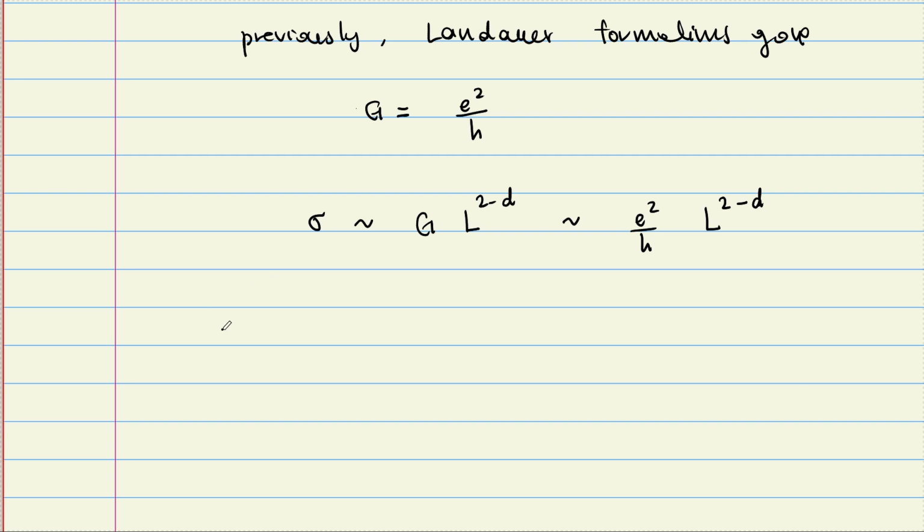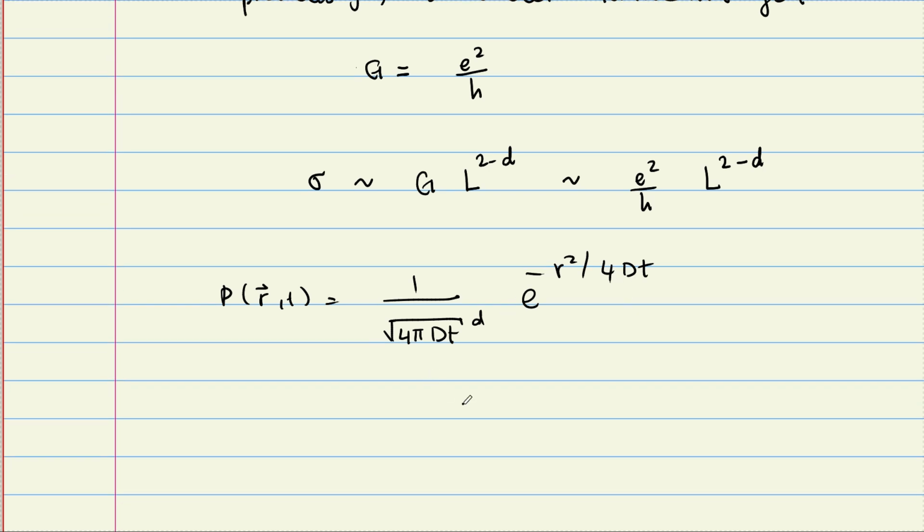And I also need to use diffusion, and diffusion is P of r comma t equal to 1 over 4 pi D t, with e to the minus r squared over 4Dt. And this immediately tells me the dimension of the diffusion constant. So let me use L squared is equal to, in terms of dimension, D times t.